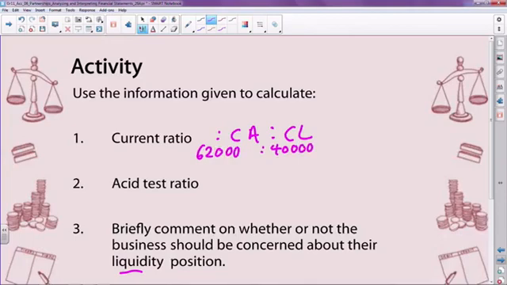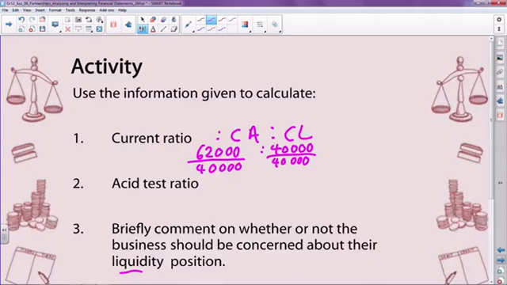Now remember guys, you've done this in grade 10. When you're calculating ratios, the right-hand side must always equal 1. So I'm going to divide the right-hand side by 40,000. Whatever I do on the right-hand side, I do on the left-hand side.